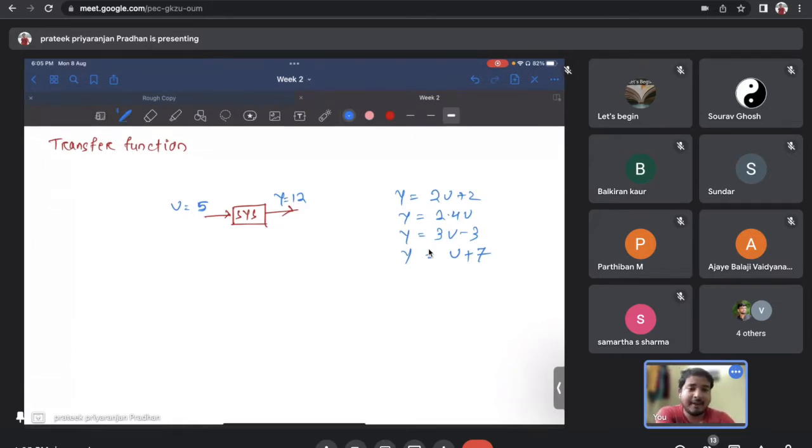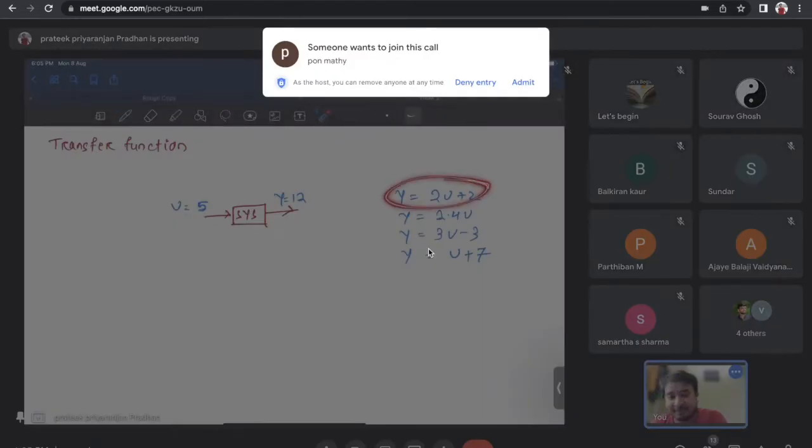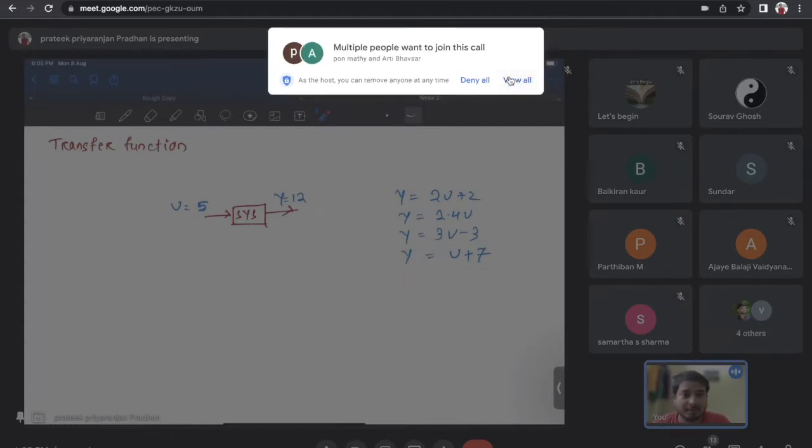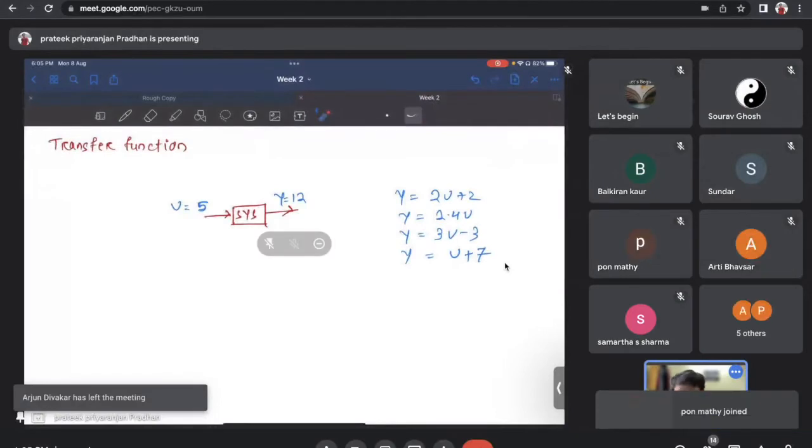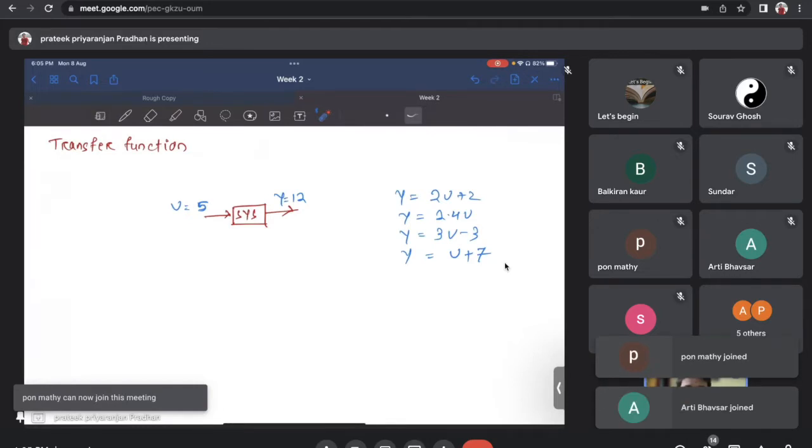But any system satisfies only one equation. It won't be that for a particular input it satisfies one equation and for another input it satisfies some other equation. The system will be satisfying it for all the inputs.